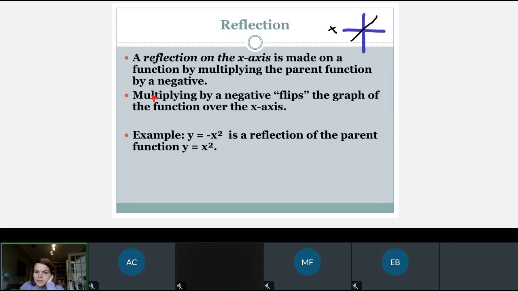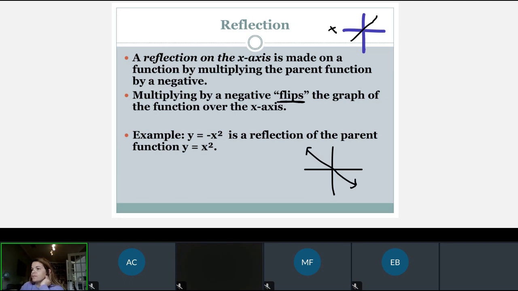That one can be a little bit confusing. But what you need to know is that if your new slope is now negative, that means we have flipped it over the x-axis because it's a reflection.